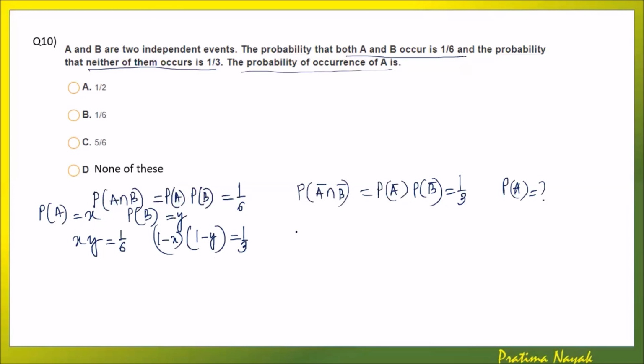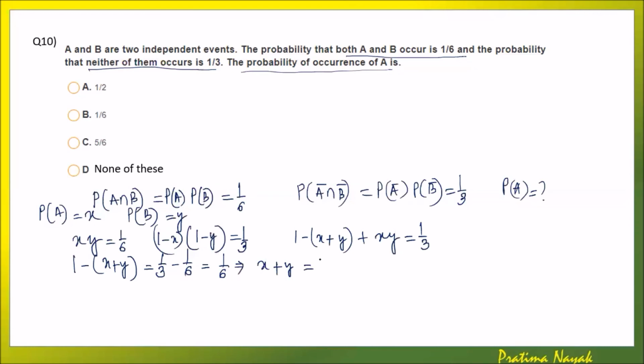So from the second equation I am writing 1 minus X minus Y plus XY is equal to 1 by 3. Or 1 minus (X plus Y) is equal to 1 by 3 minus XY, which is 1 by 6. So it will be 1 by 6. So this gives X plus Y is equal to 5 by 6.